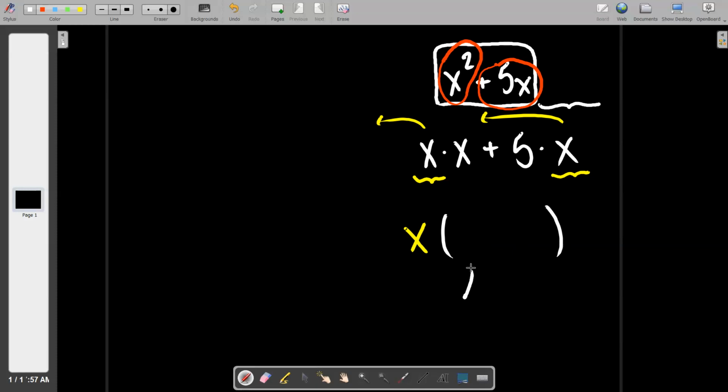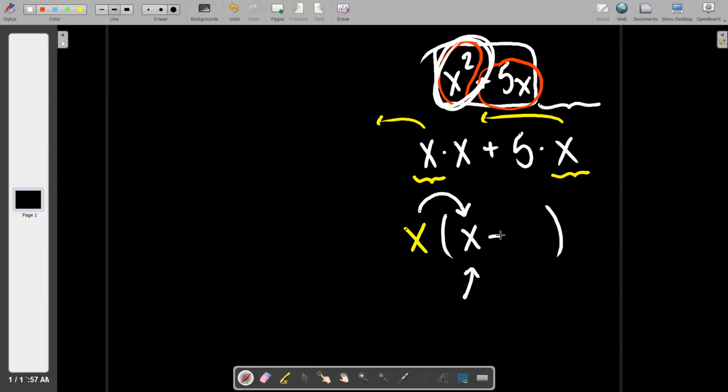What would have to go right here where that arrow's pointing? I just need an x right there, because what is x times x? Aha, jackpot, x squared. So I'm basically just reconstructing the problem by doing the distributive property backwards.